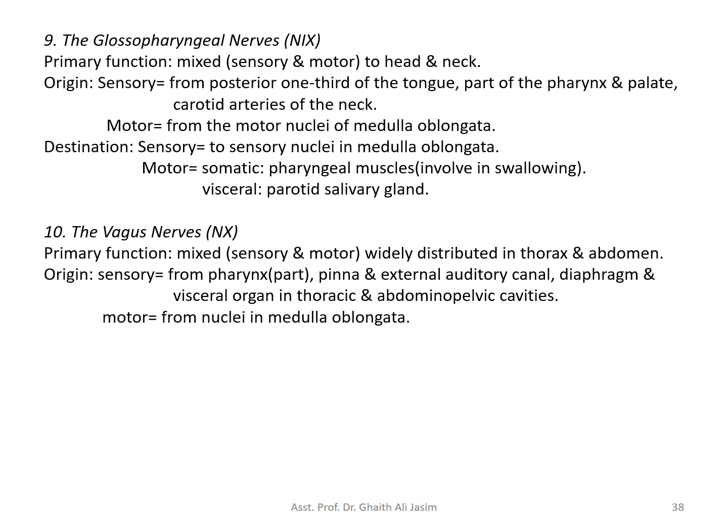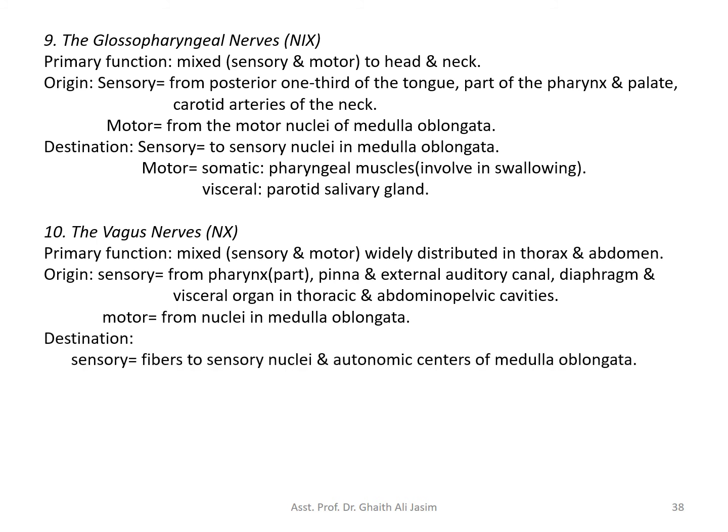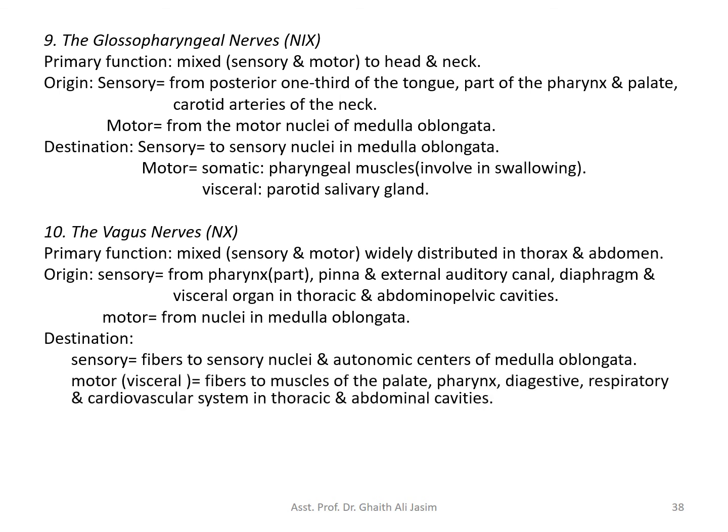The motor branch, the origin, from nuclei in the medulla oblongata. Destination, sensory fibers to the sensory nuclei and autonomic centers of the medulla oblongata. The motor, divided to the visceral fibers to the muscles of the palate, pharynx, digestive, respiratory, and cardiovascular systems in the thoracic and abdominal cavities.